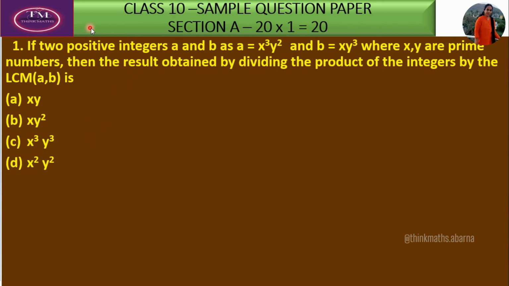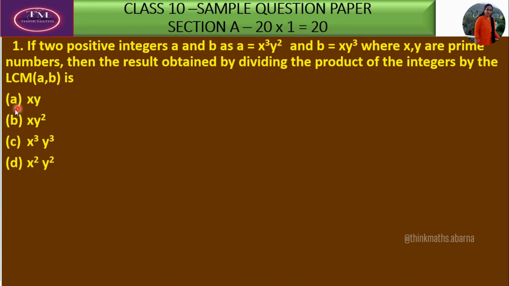As we have seen in the question paper, in Section A we have multiple choice questions. We have 20 questions, each carrying 1 mark. First question: if two positive integers a and b are such that a is equal to x cube y square and b is equal to x y cube, where x, y are prime numbers, then the result obtained by dividing the product of the integers by the LCM of a, b is.